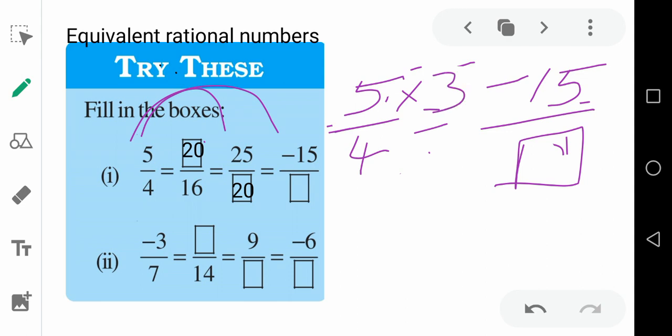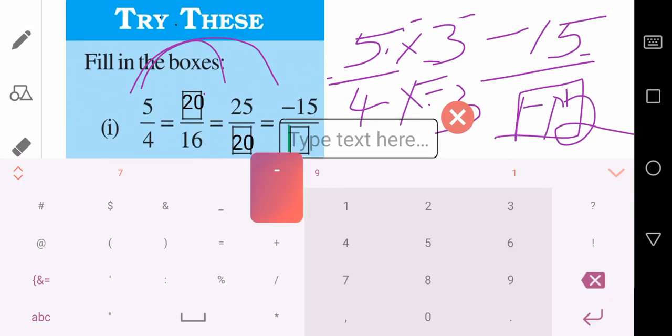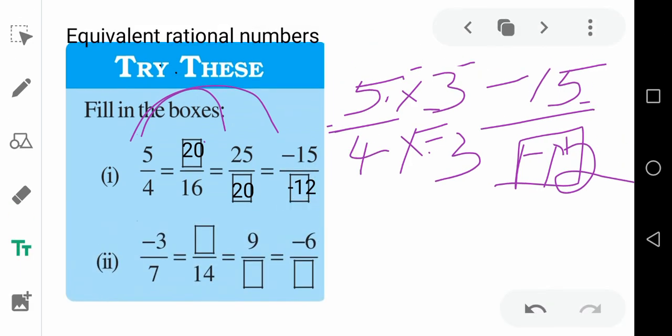If you multiply the numerator with a negative number, the denominator also you have to multiply with the same number. So 4 into minus 3. What is it? Minus 12. So what is the answer? The answer is minus 12. So we'll write it as minus 12. So this is how you have to fill the boxes using equivalent rational numbers. Understood? Okay, so the second one you can do by yourself.